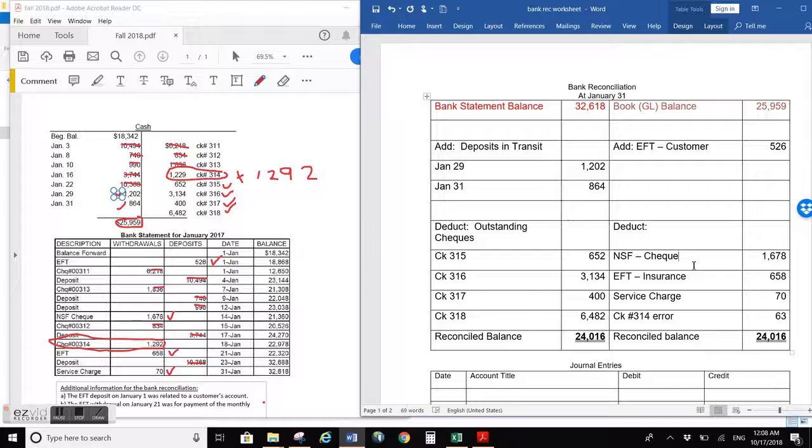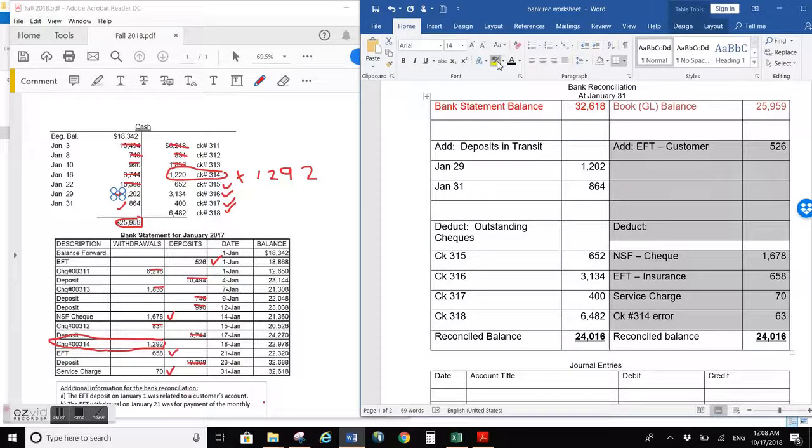The journal entries are really important because we've got all of these things that have ended up on this side of our bank reconciliation that have not actually gone into our T account yet. All of the other things have been registered in the bank or registered in our T account except these things.